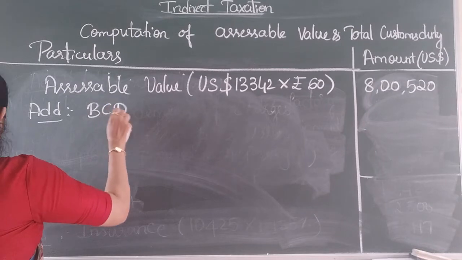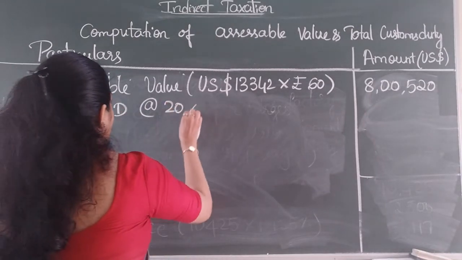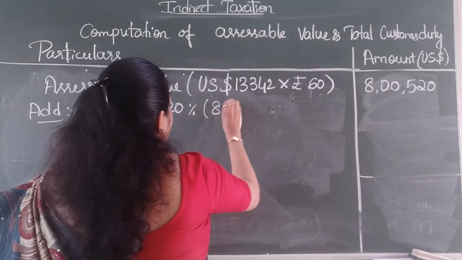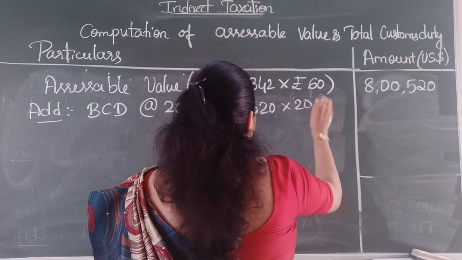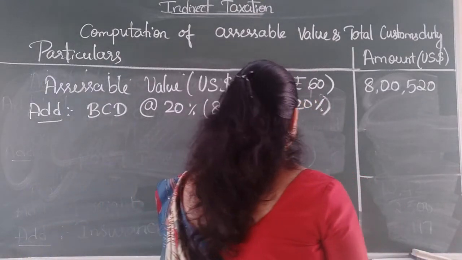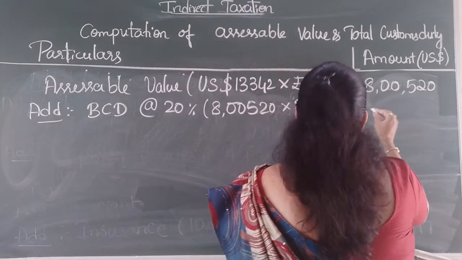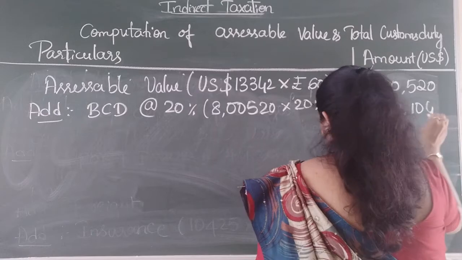Then add BCD at 20%. That is 8,520,000 into 20%. So 20%, that is basic customs duty, 20% means 1,60,104.